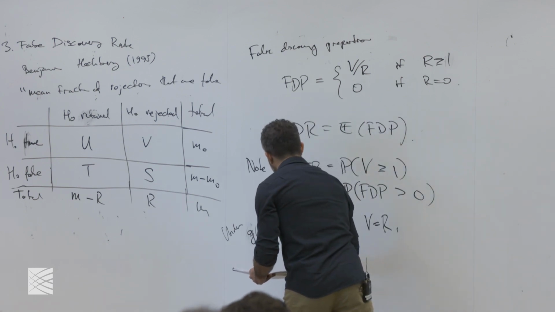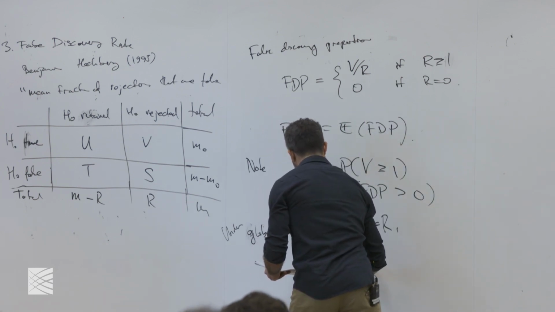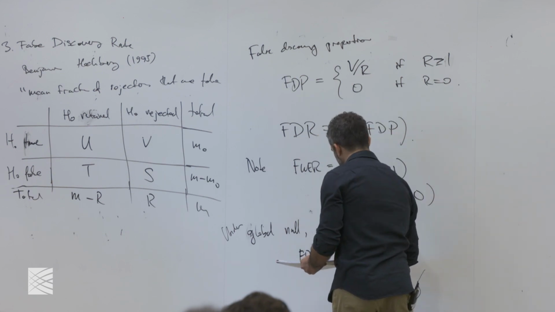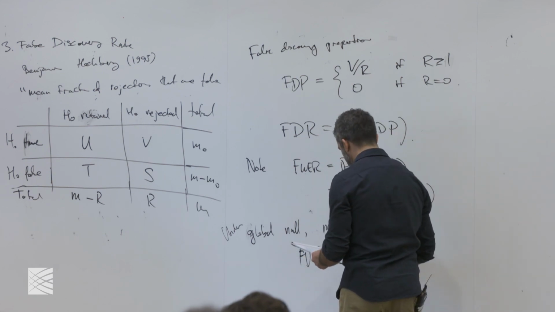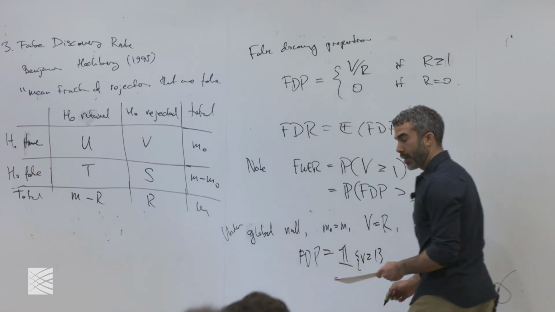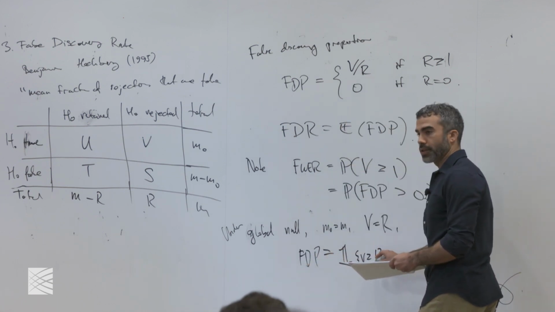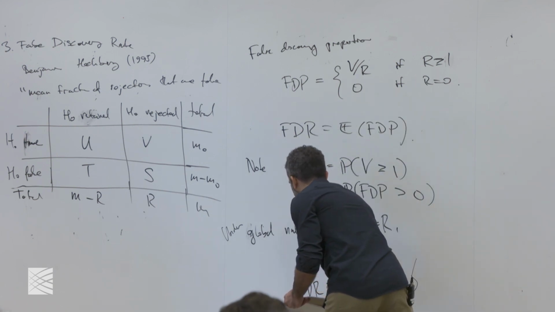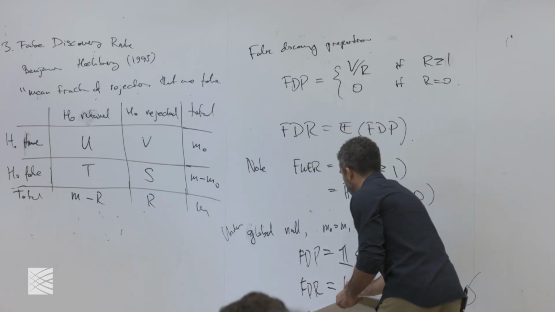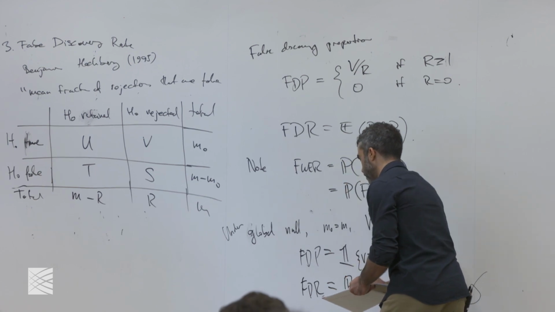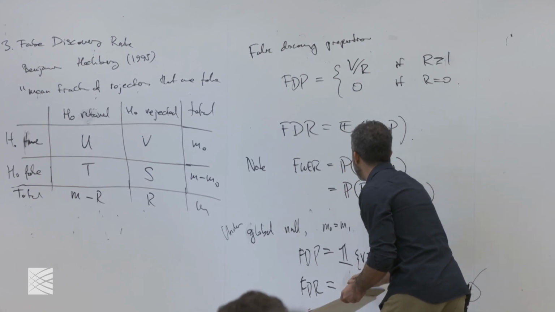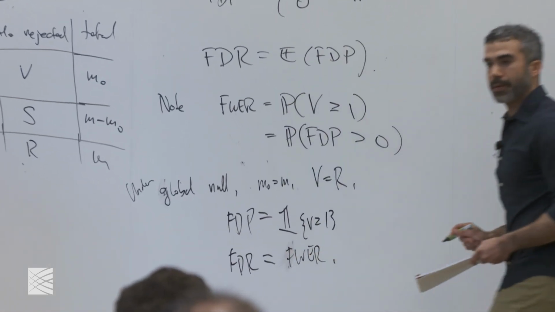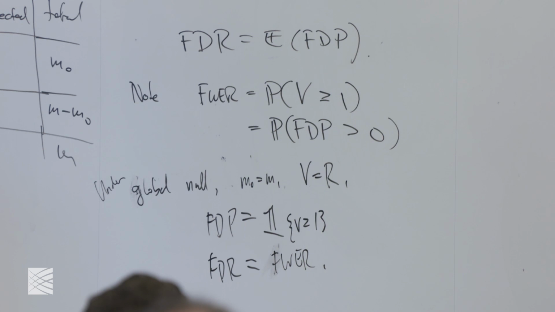And the false discovery proportion is simply equal to 1 whenever there's at least one rejection or false rejection, and 0 otherwise. So it's the indicator function of this event. Okay, and in that case, the false discovery rate, what happens if I take expectations on both sides here, I get the probability that V is greater than 1 on the right, which is the family-wise error rate. Okay, so they're actually the same under the global null.